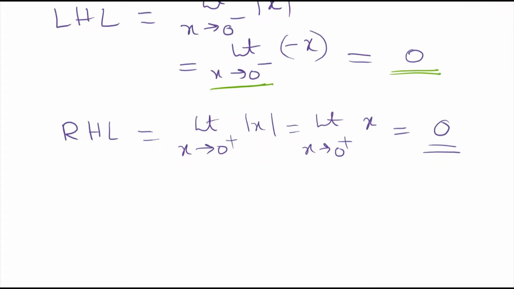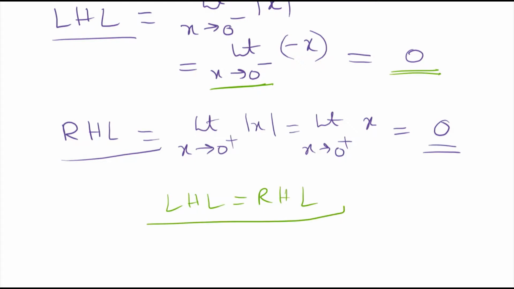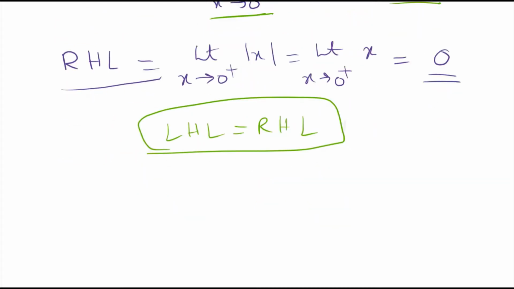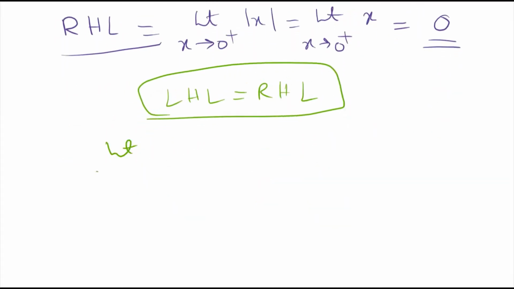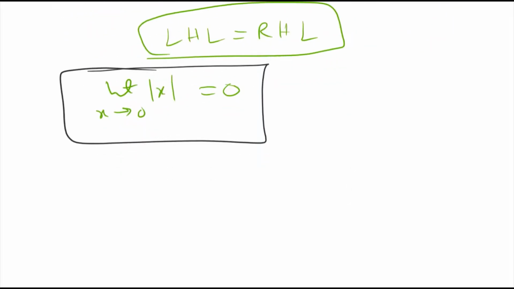If we see here, my left hand limit equals the right hand limit. LHL is equal to RHL. Hence the limit of mod x as x tends to 0 is equal to 0. This is how we need to solve for the mod function.